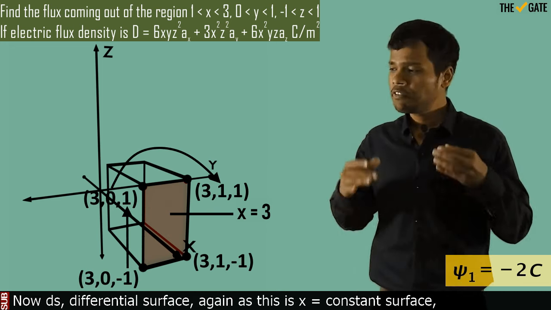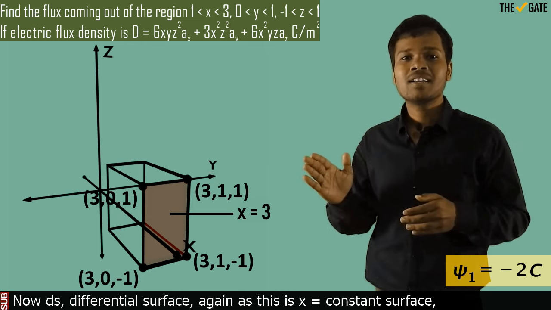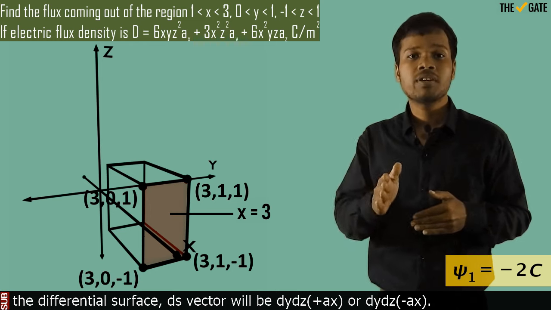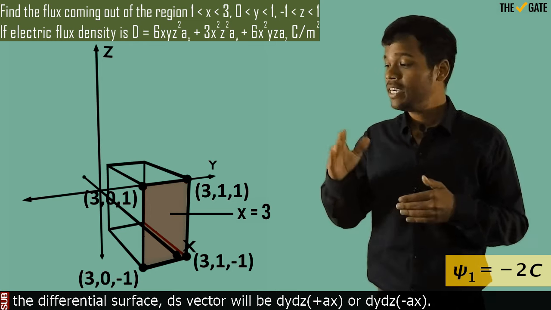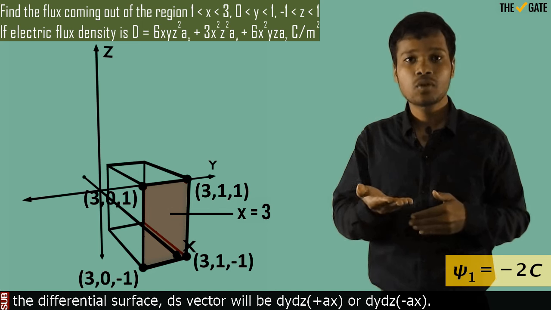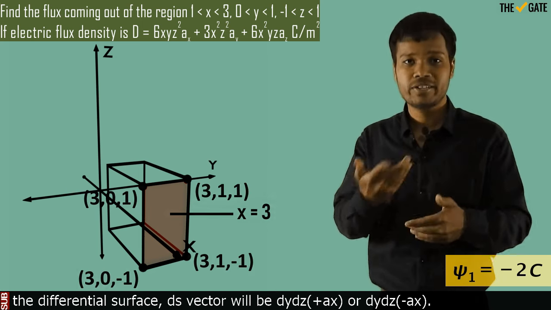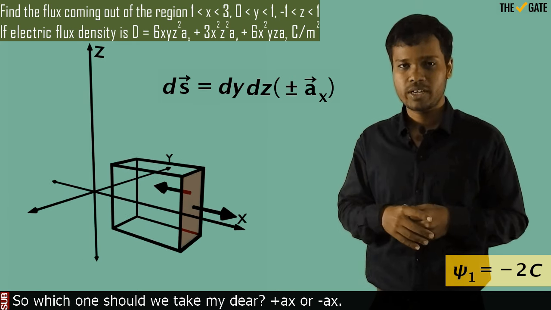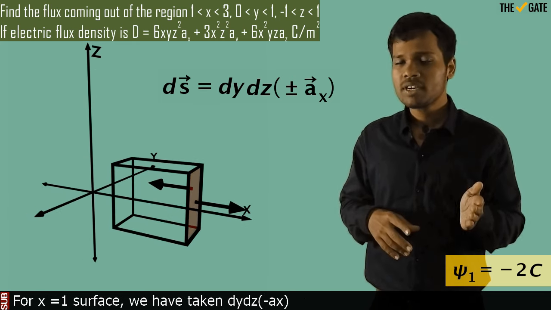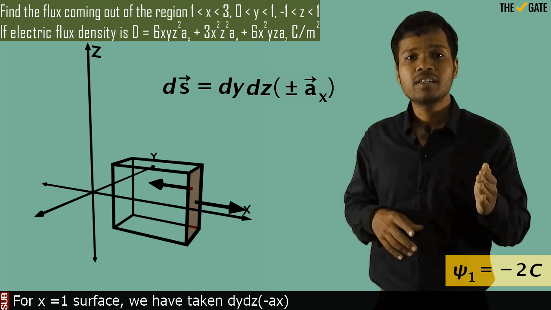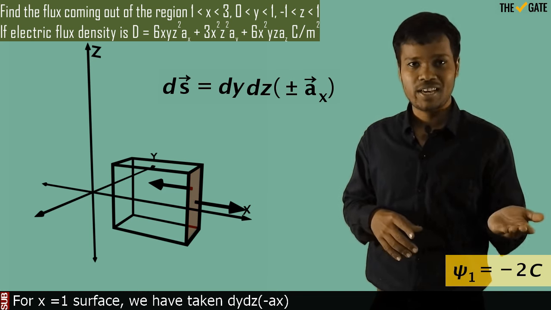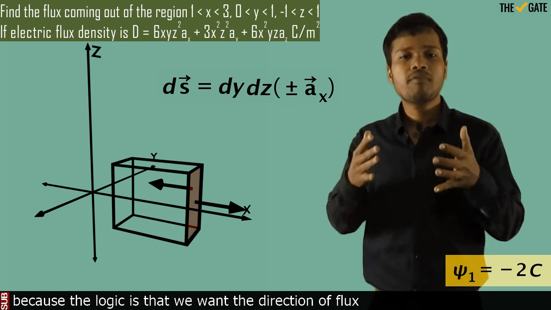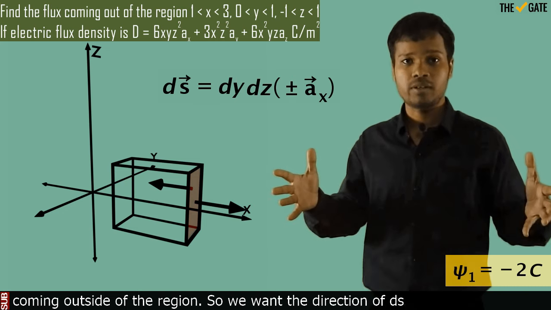Now ds, differential surface. Again, as this is an x equal to constant surface, the ds vector will be dy dz plus ax or dy dz minus ax. So which one should we take, my dear? Plus ax or minus ax? For the x equal to 1 surface, we took dy dz minus ax, because we want the direction of flux coming outside of the region.